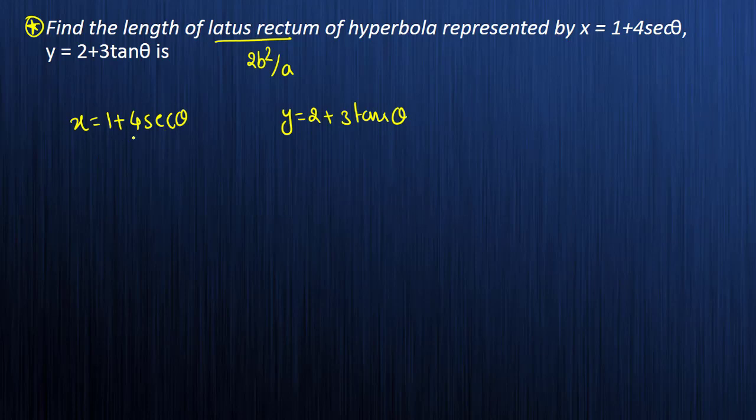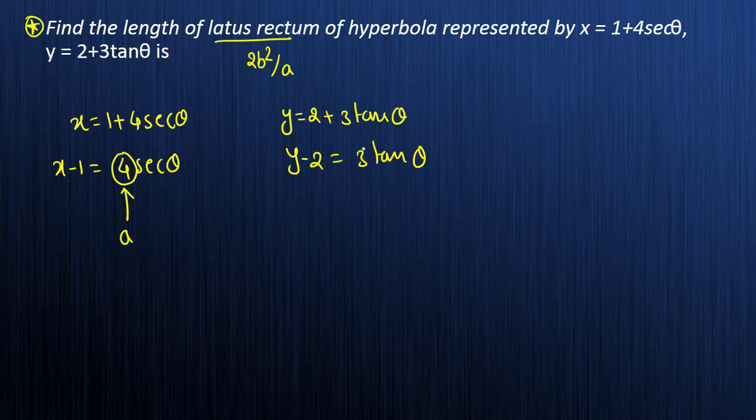Take it in the form of a parametric equation. So we have x minus 1 equals 4 sec theta and y minus 2 equals 3 tan theta. If I compare these two equations with the parametric form, this is the value of a and this is my b.